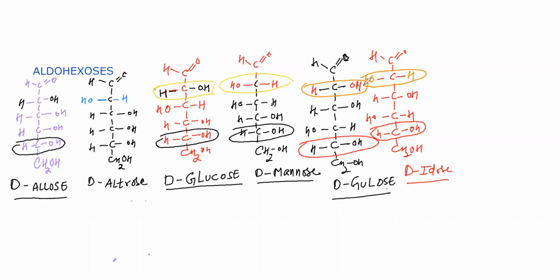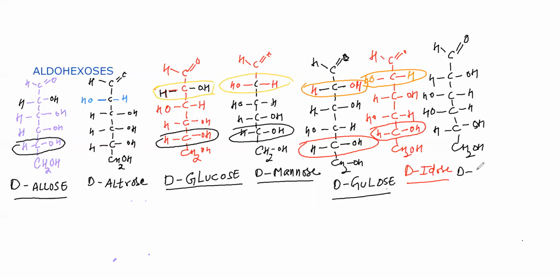Then we have the next one. 1, 2, 3, 4, 5, 6. And this is D-galactose. This is H. This is OH here. This is H here. This is OH here. And this is OH and H here. This is D-galactose.